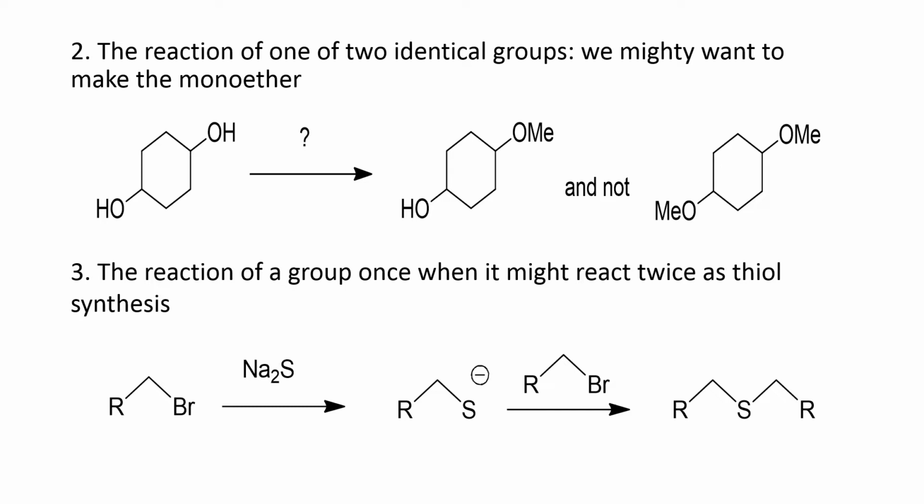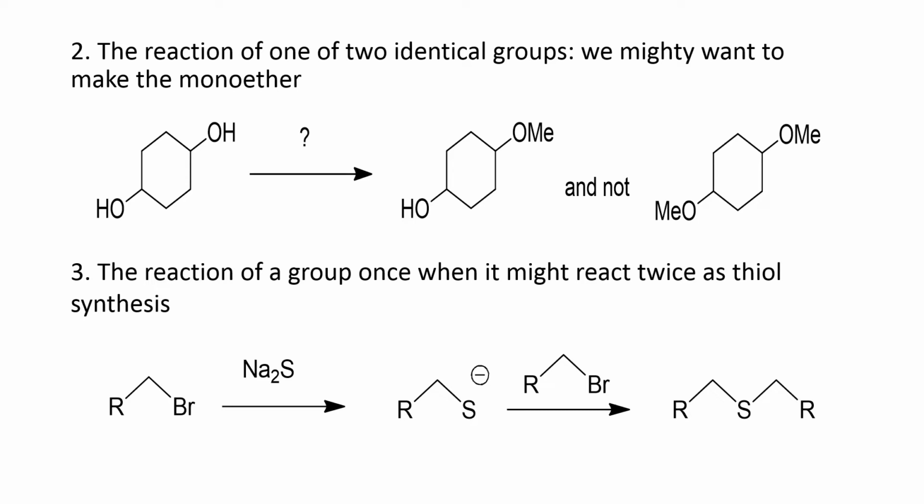How can we react only one of the two identical functional groups? The third case is the reaction of a group once, when it may react again.